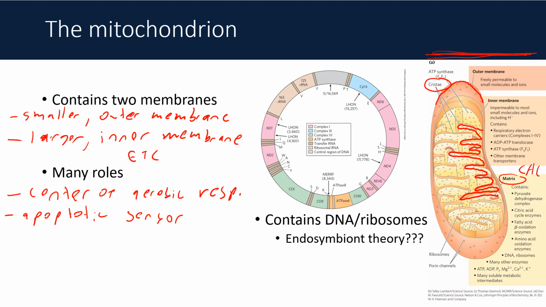Now, in addition to all of that, the mitochondria also has very important roles in anabolism. It will aid fatty acid synthesis and breakdown.